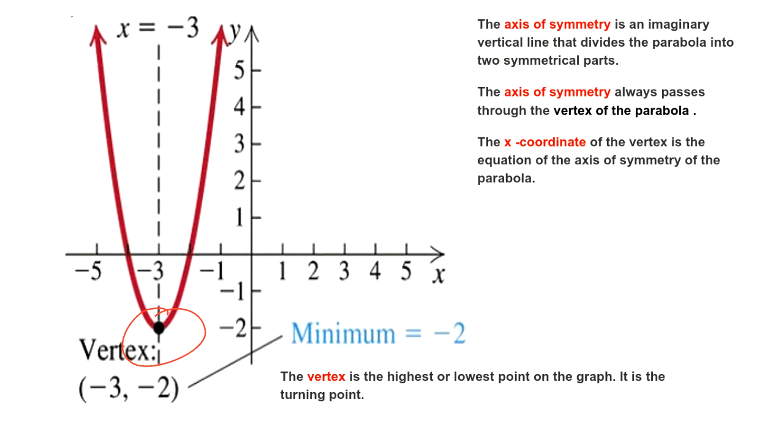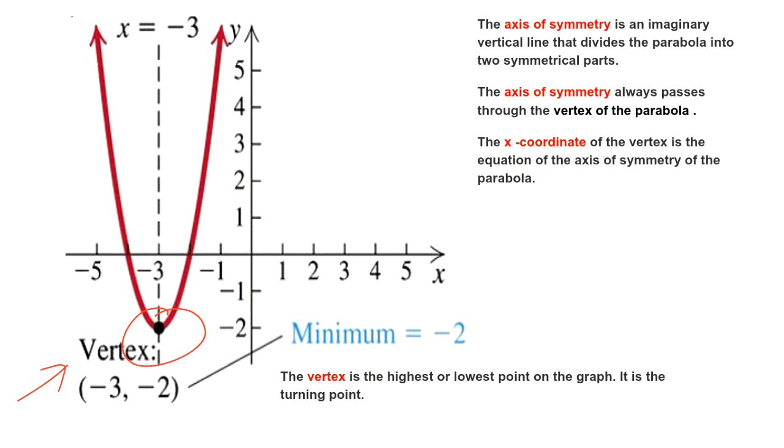This is where my vertex is. So my vertex is my lowest point, which is -3, -2. My vertex is the lowest or the highest, and on this graph it is the lowest point, and the vertex is -3, -2.